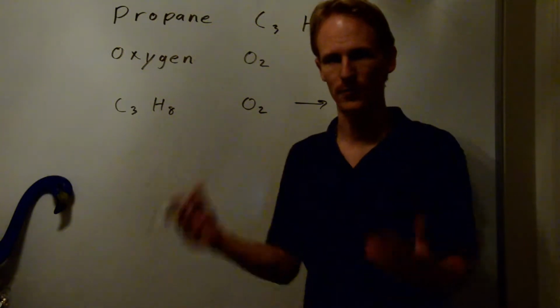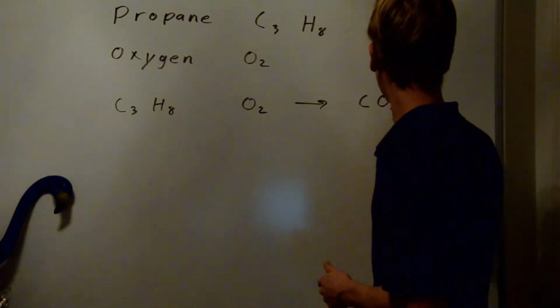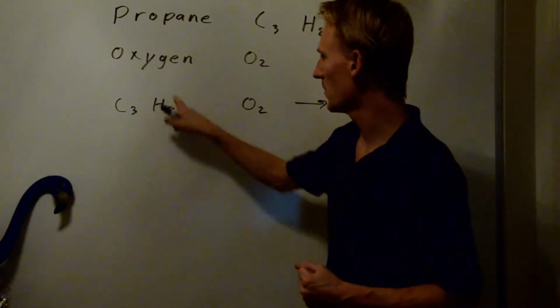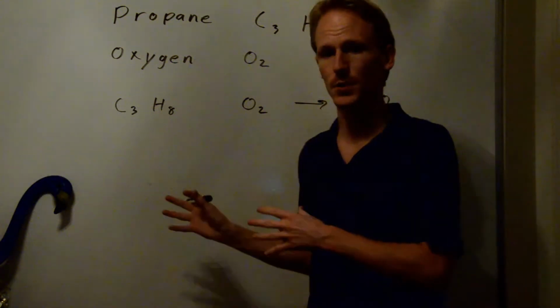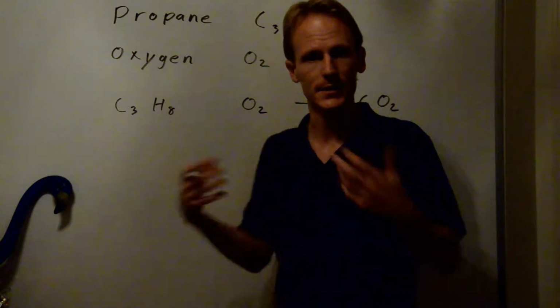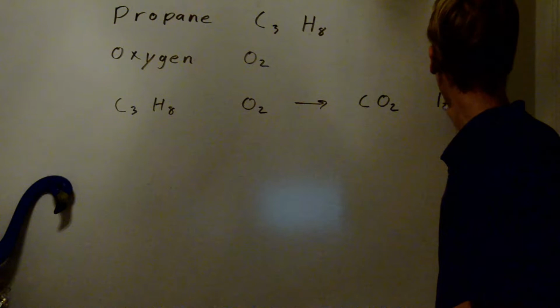So I'm going to guess that one of my products is CO2. I can also see that we have a lot of hydrogen and a lot of oxygen, so we're also going to get quite a bit of water. Now, water is obviously H2O, so we're going to get some amount of H2O.